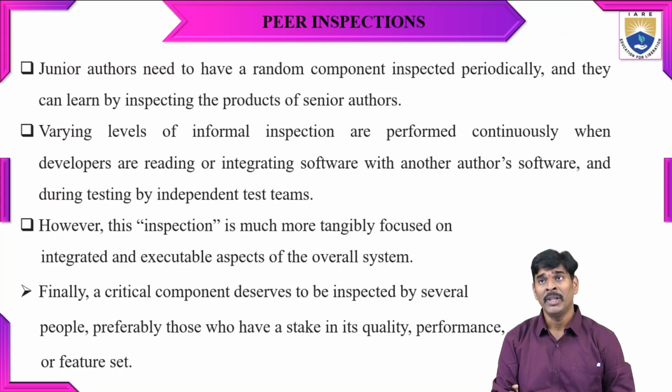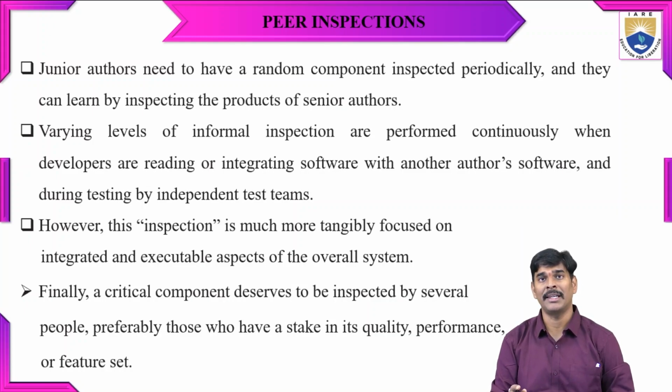They may be informed or not, and these senior members will inspect or review the products developed by the junior members. Sometimes sudden inspections are very good, because how they do the product or the software will be monitored by the senior authors. So these junior authors will easily learn from the senior members.